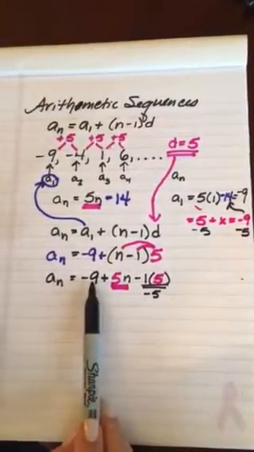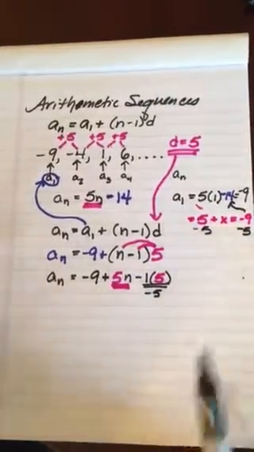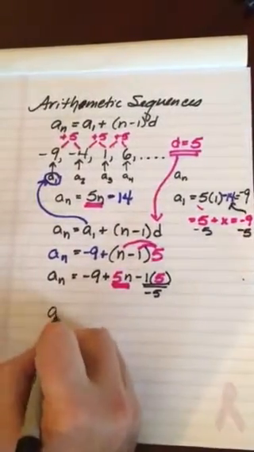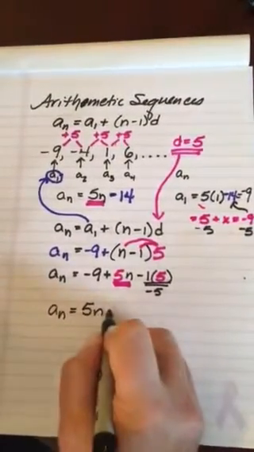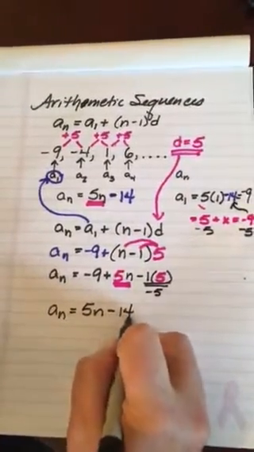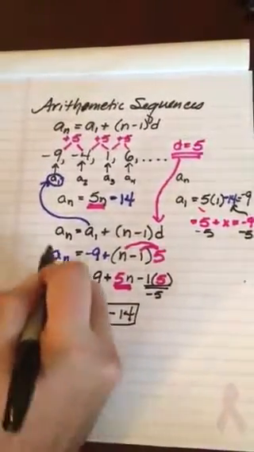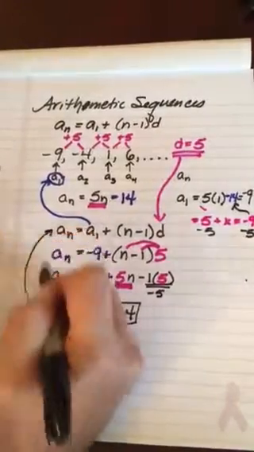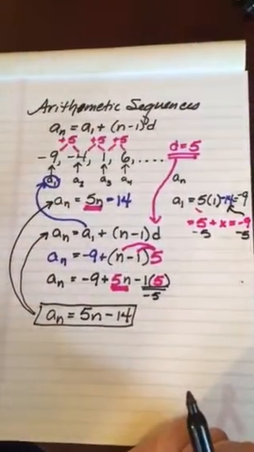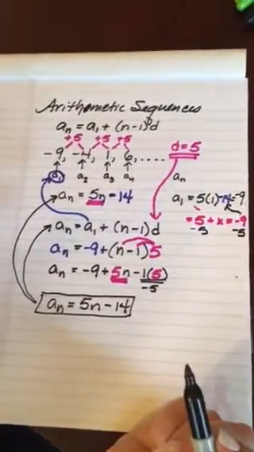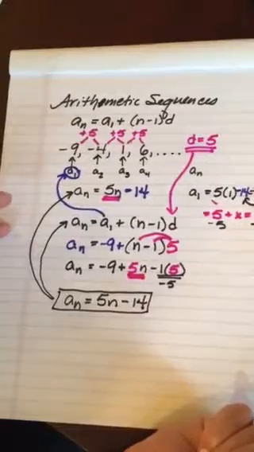These are like terms, -9 and -5, just like over here. So a sub n equals 5n minus 14. That's the formula that came from this formula, but matches what we got with logical thinking. So you can do it either way, but keeping in mind, that's what happens with the formula. Thank you.